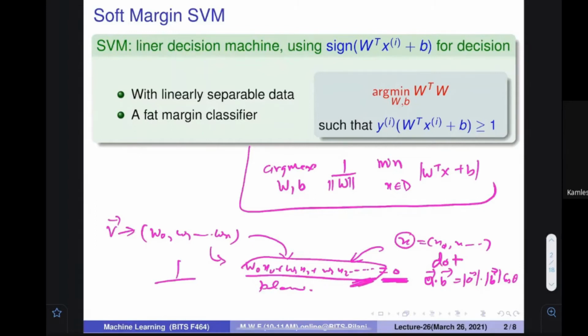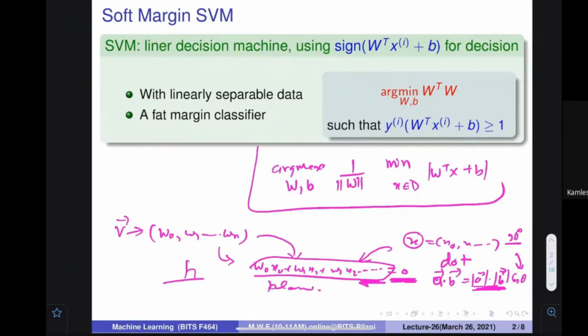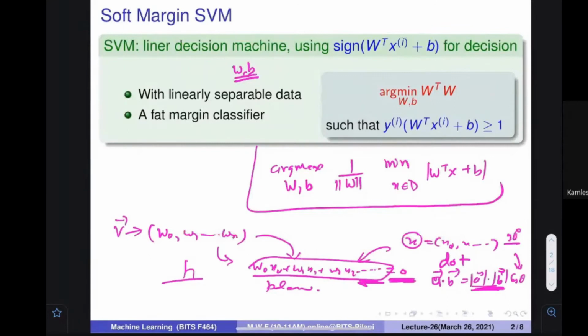If this value is 0, you know that cos 90 is the only 0. It means that the angle is 90 degrees, whatever their amplitudes are. So what is the angle between these two vectors? It is 90 degrees. So this is the small proof that tells us that W and B specify a vector, and this vector is going to be perpendicular to the plane that has been constructed using this particular thing.